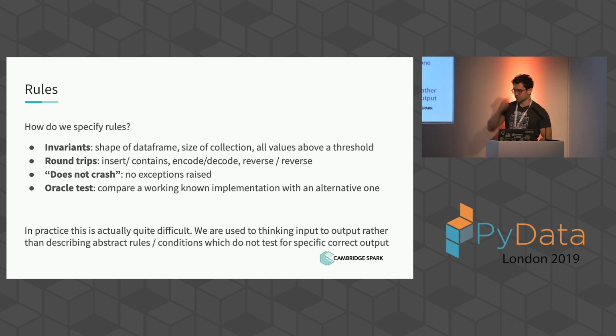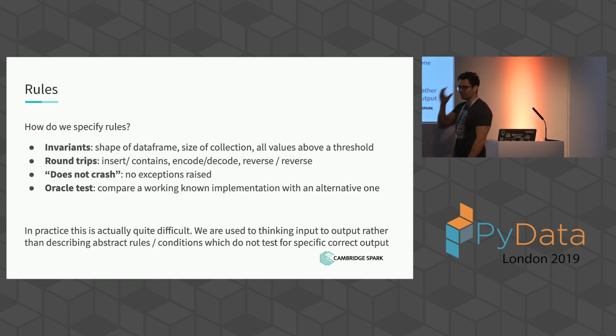And the JSON example, JSON loads and JSON dumps work together, right? So if I encode and decode something, I'm expecting the same input. So that's a property. If I reverse something twice, I'm expecting the same input. So that's what you can specify. But you see, conceptually, it's not really business logic. It's kind of thinking about some properties and contract. That's why it's difficult to adopt a tool like that.